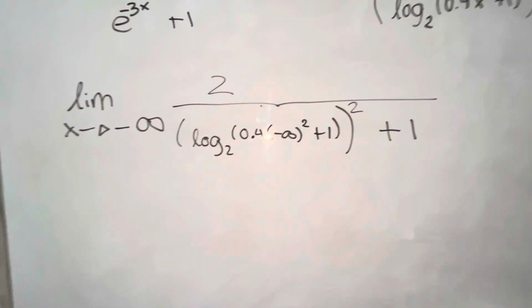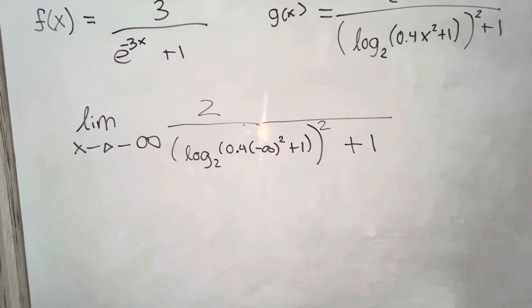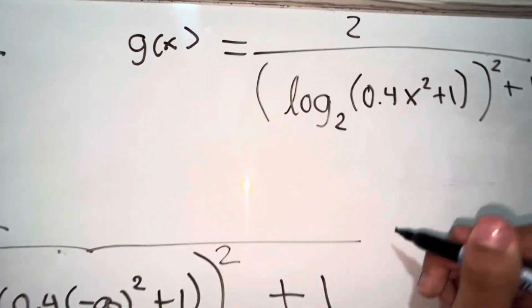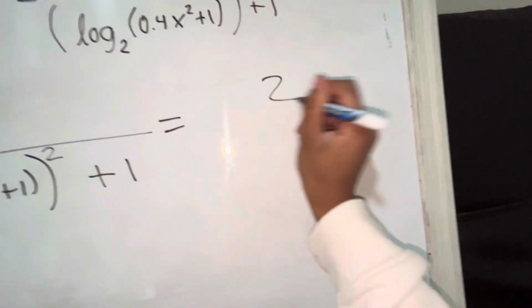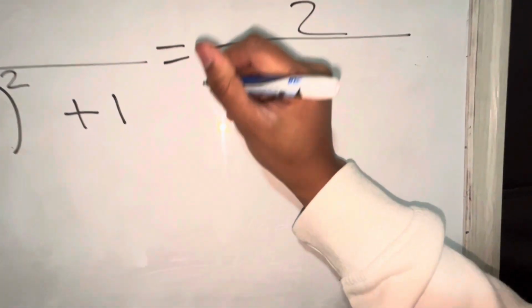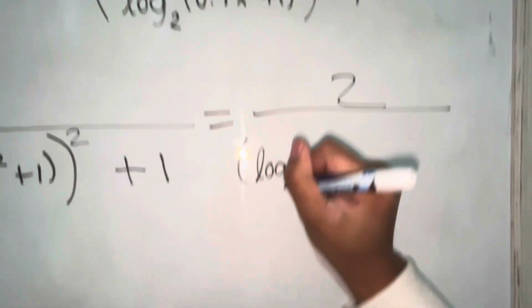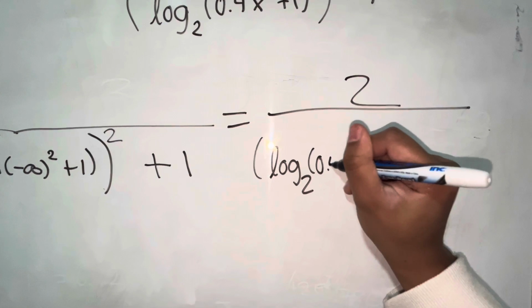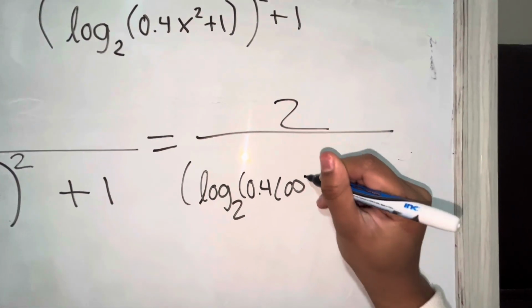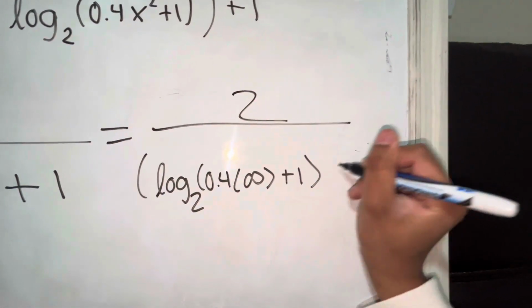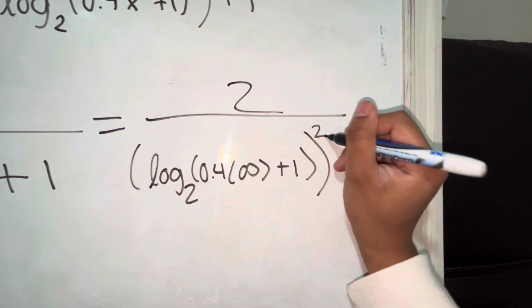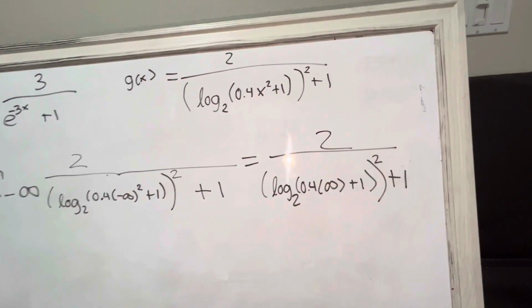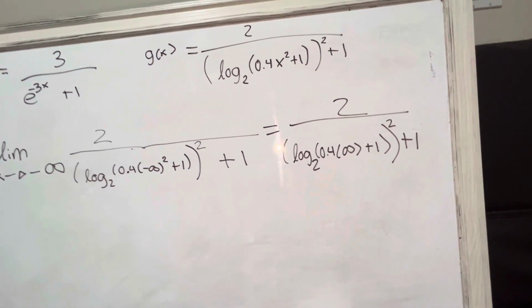So let's figure it out. Negative infinity squared is positive infinity. So we get that. So let's put 2 all over log base 2 of 0.4 times infinity plus 1, all that squared plus 1. So that is the more simplified version.